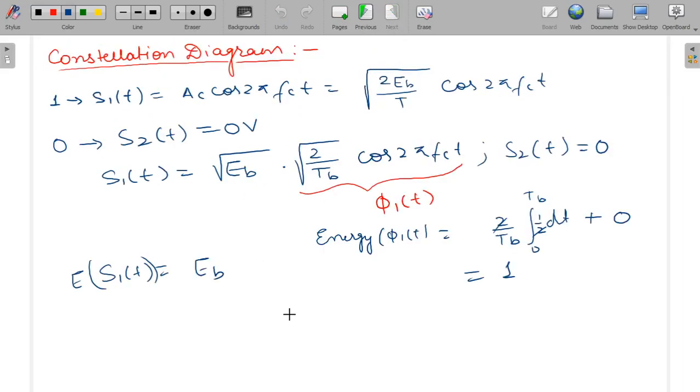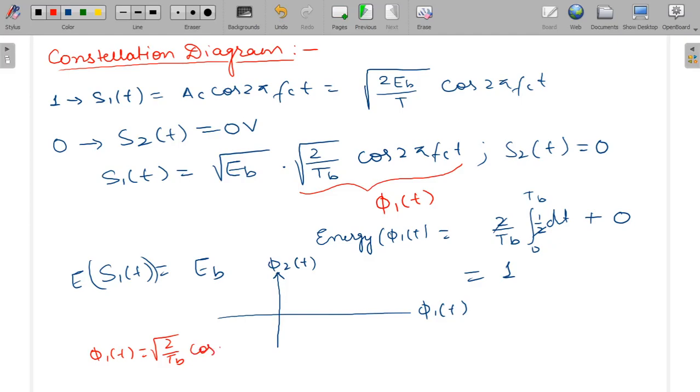So when you represent this on the axis, let's suppose this is our phi 1(t) and let's suppose this is our phi 2(t). I will explain what phi 1(t) and phi 2(t) are in the next class, but I will write here: phi 1(t) is root 2 by Tb cos 2 pi fc t.